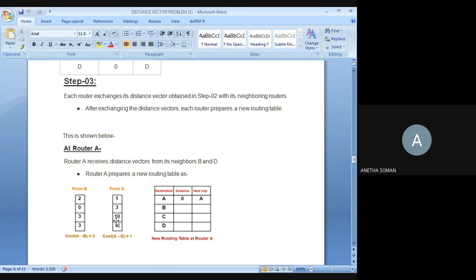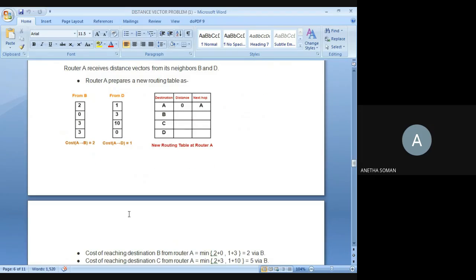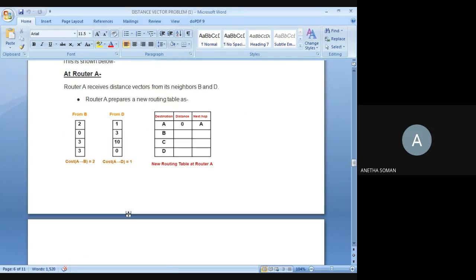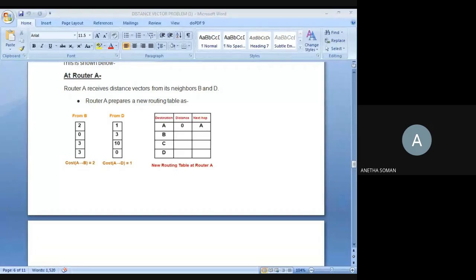Now tell me, what is the new routing table for router A?